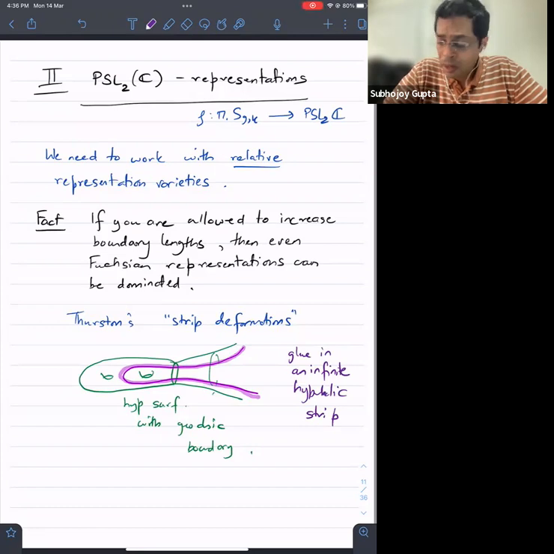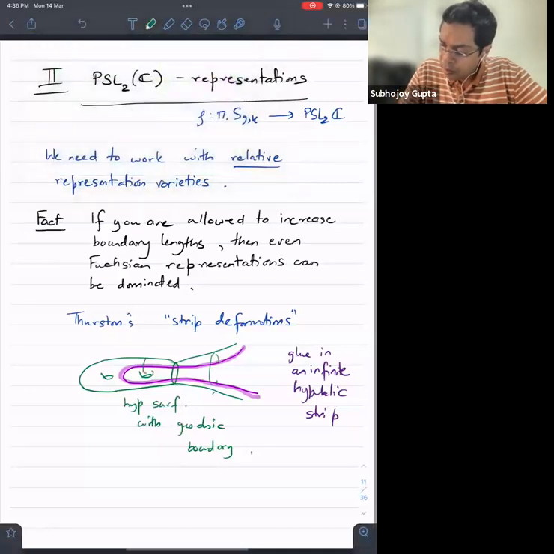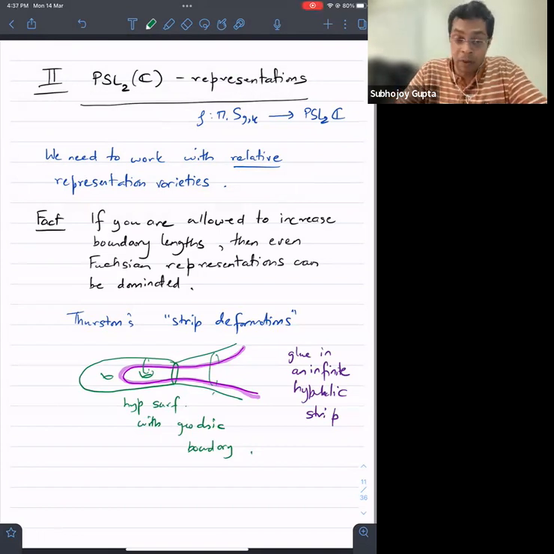I've drawn this one strip here, but every time a curve passes through that strip, it's now longer than the original curve on that hyperbolic surface with geodesic boundary, and the boundary length has also increased in the process. This is a vague idea, perhaps, but you can strictly dominate Fuchsian representations unless you want to fix the boundary lengths.